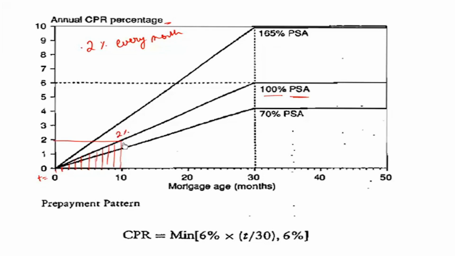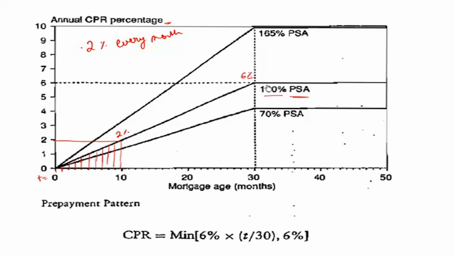So we can calculate the monthly rate and the amount of prepayment in the month, but the rate has increased to an annualized number of 2% by the end of the 10th month. It keeps increasing by 0.2% up till the 30th month. After you've taken the mortgage, the prepayment rate keeps increasing for the first 30 months. After 30 months, the prepayment rate goes up to 6%.